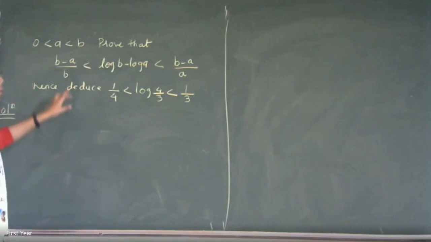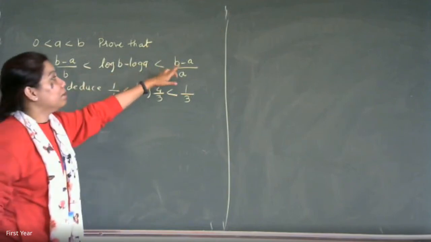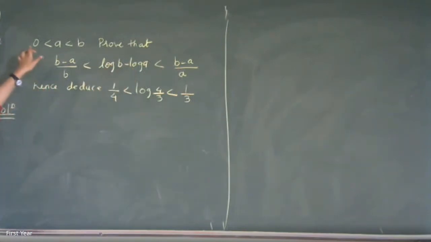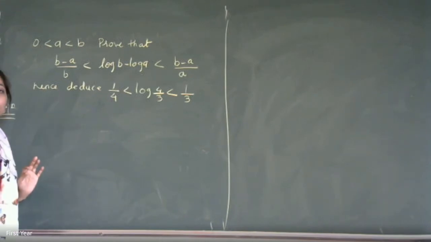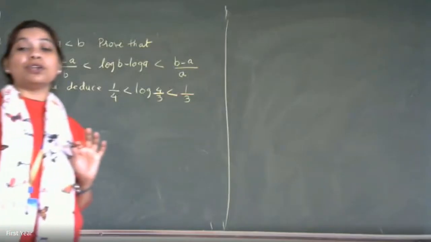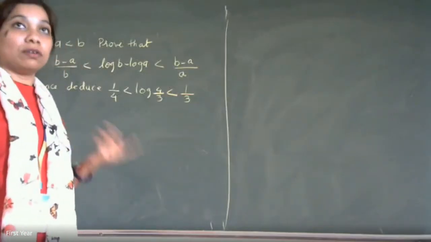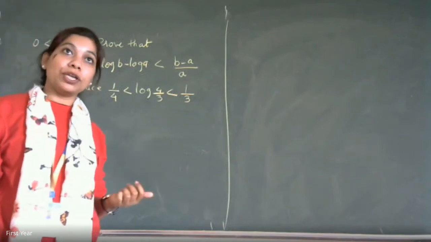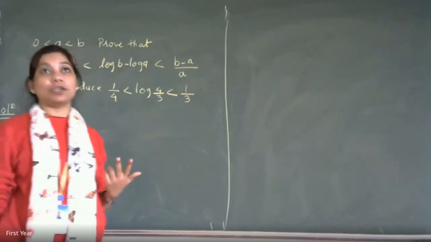So how do you look at that? Look at the question: (b minus a) upon a, log b minus log a, and the given points are 0 less than a less than b. That means you can talk about the closed interval [a, b]. The theorems which depend on a closed interval [a, b] are the mean value theorems: either Rolle's theorem, Lagrange's theorem or Cauchy's mean value theorem.